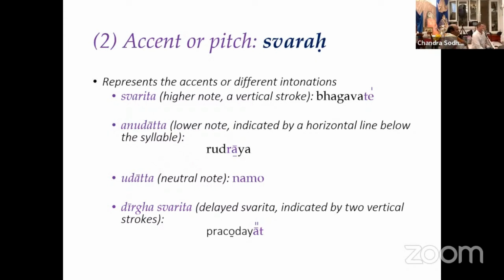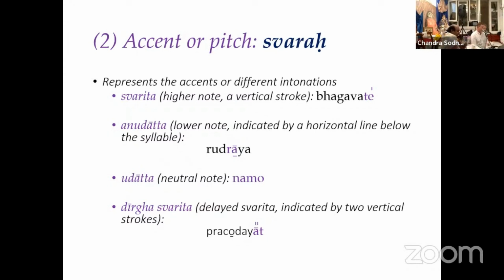Okay. So these are the varna, the letters or the sounds, right? Now we are going to go to the second rule, which is accent or pitch, svara. The Vedas are in three basic tones.